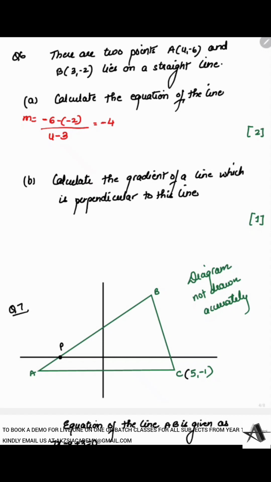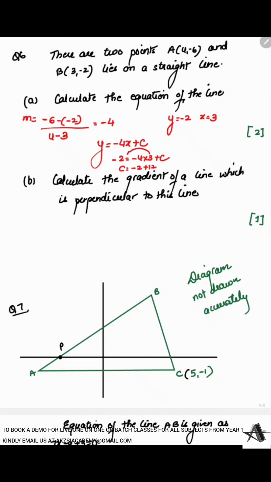The gradient is -4. We don't have the intercept as of now, so I need to substitute a value. Now to calculate c, I can substitute any value. Let me substitute (3, -2). So y = -2, x = 3. Y is -2, x is -4 into 3 plus c. c is -2 + 12.